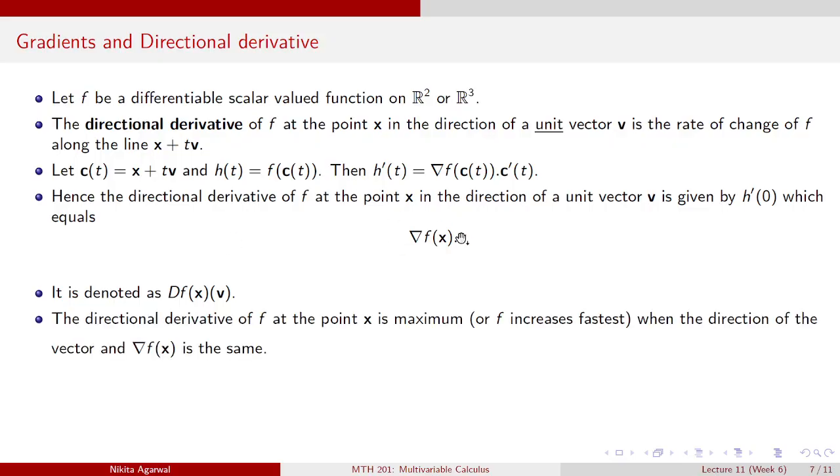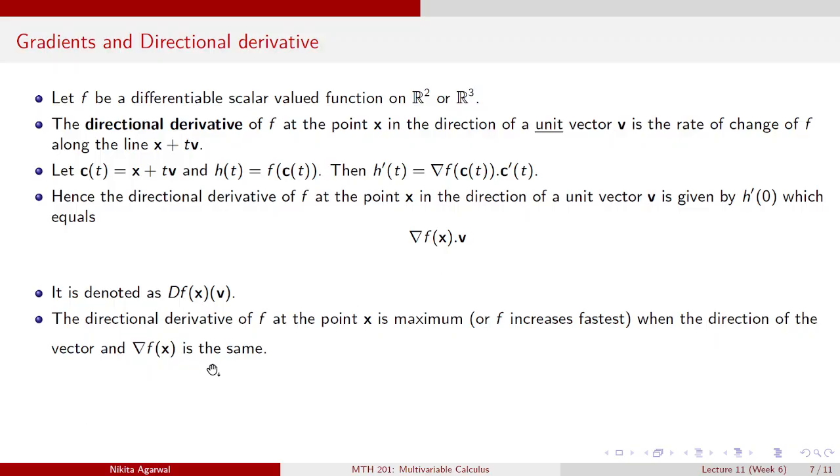Now, when will this dot product be maximum? What is dot product of two vectors? It's the product of their norms times cosine theta, where theta is the angle between them. So when will that quantity be maximum? When cos theta is plus 1, that means theta is 0.